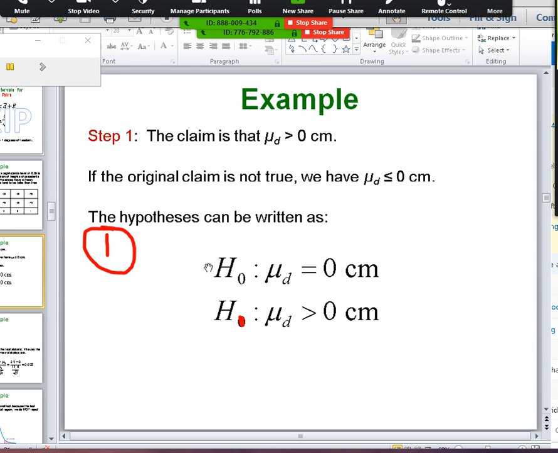So you should be writing this down. Step 1, H0 is mu d equals 0. H1 is mu D is greater than 0. In other words, the first one is greater than the second one. So the difference is positive. And this will match up with whatever you had for mu1. If mu1 is less than mu2, then this would be less than 0.